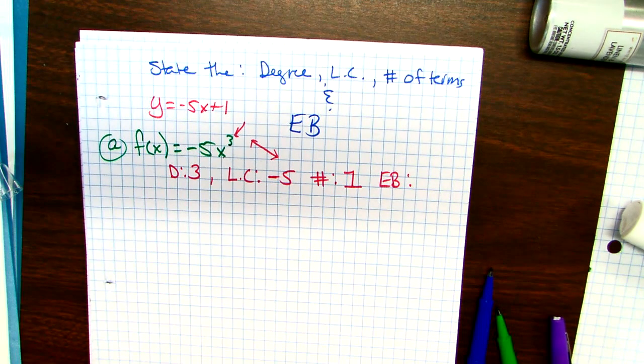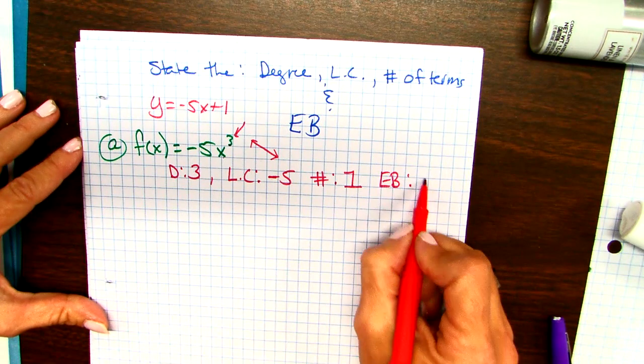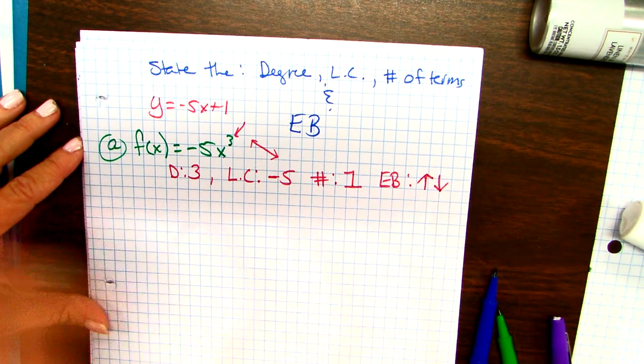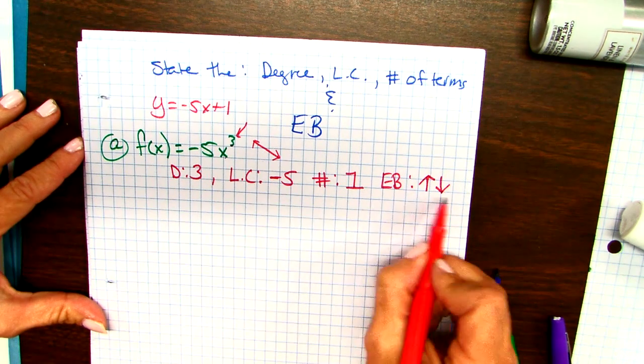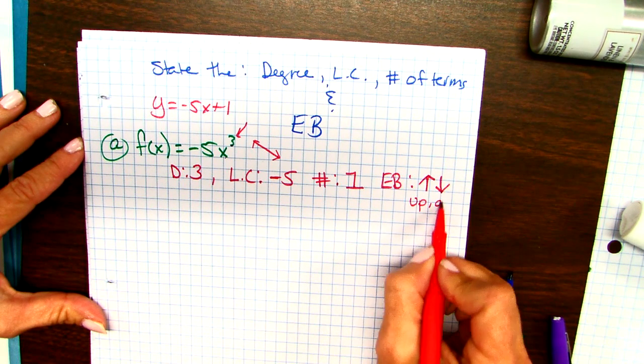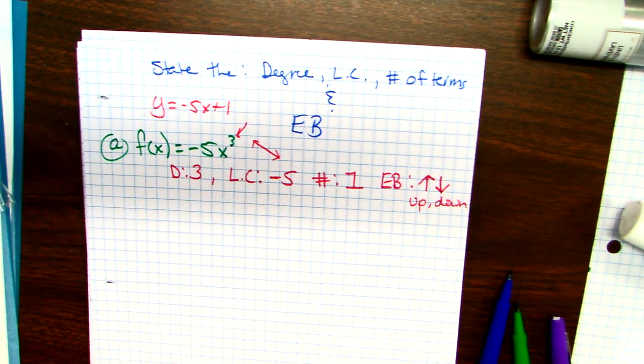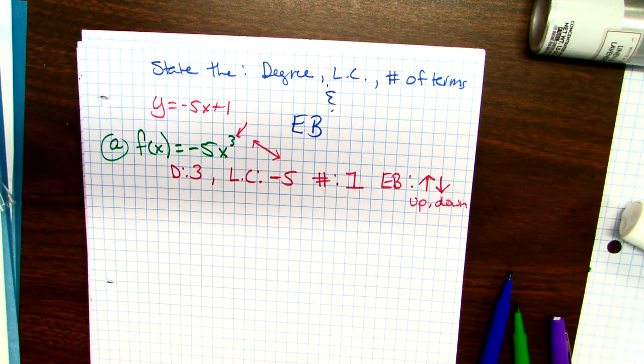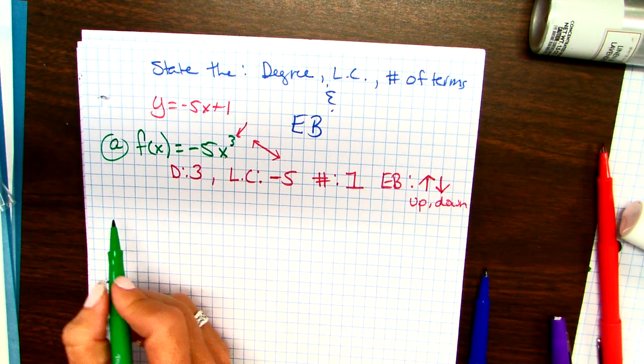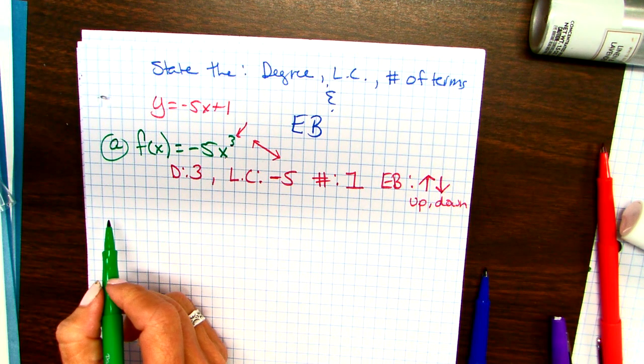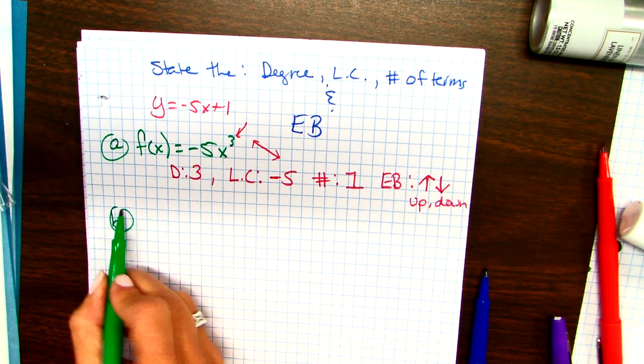Same thing with all odds. So that would be up, down. And you could write the arrows. You could write up, down if you wanted to. I don't care. Either way. Good? Richard? Good? Kind of. Let's do another.